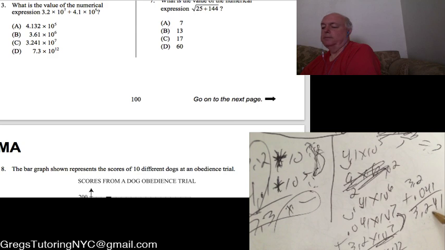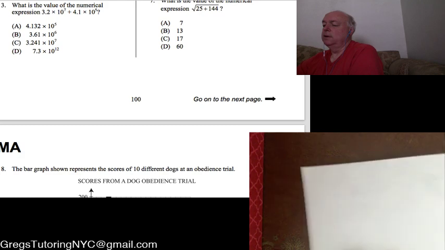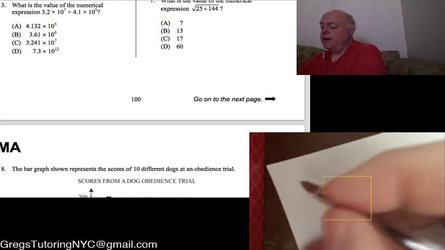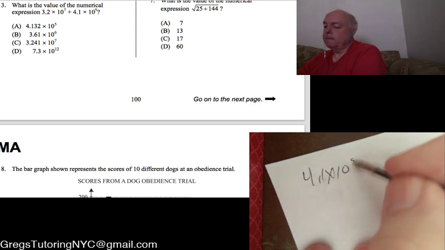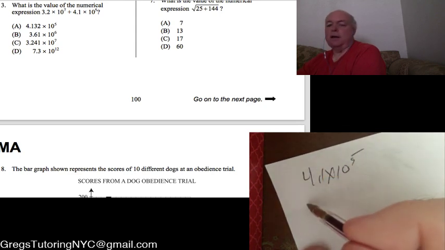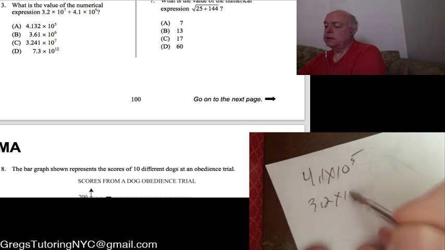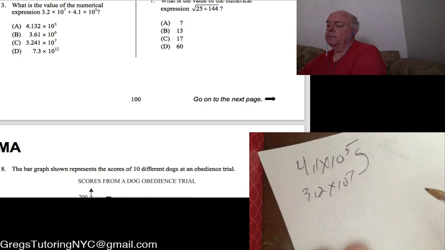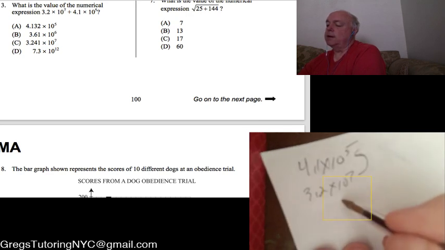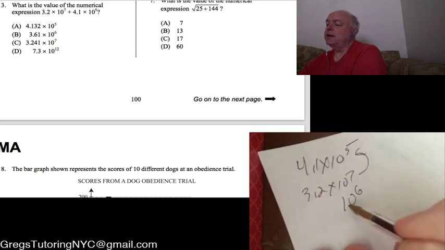All right? And by the way, it works the other way too. So if I left this one alone, and now I'm going to try to convert 3.2 times 10 to the 7th into a 5th, right? So I'm going to reduce this a bunch of times. So if I go to 10 to the 6th, I divided this by 10. So I'm going to multiply this by 10.